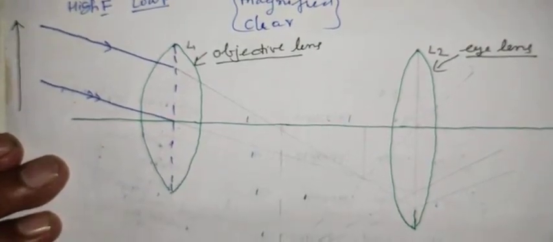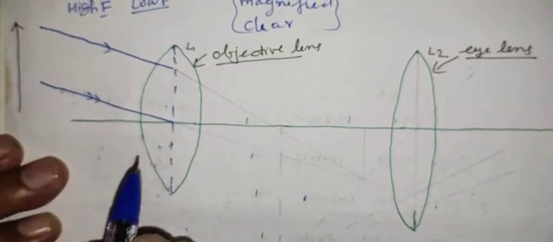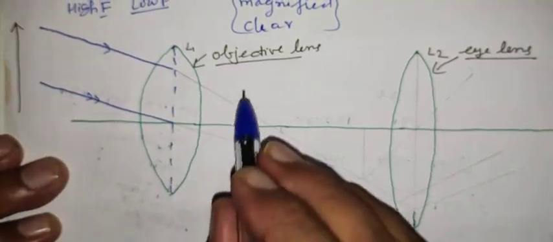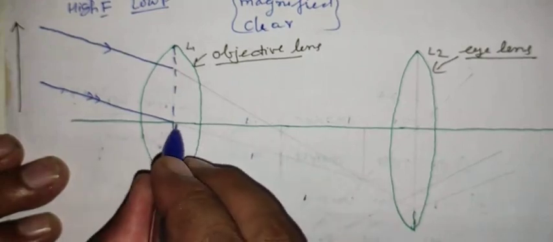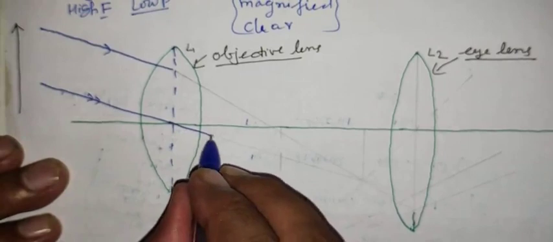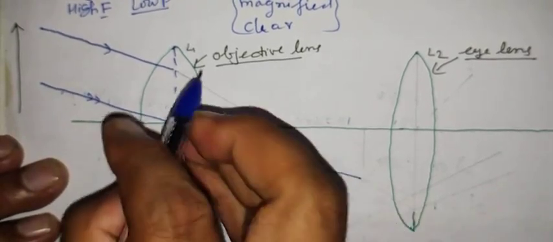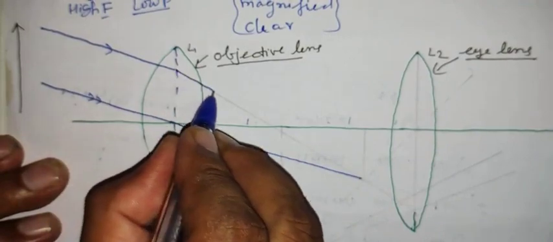And this parallel beam of light is focused at the focal point of the objective lens. We know the ray of light which passes through the optical center goes undeviated.